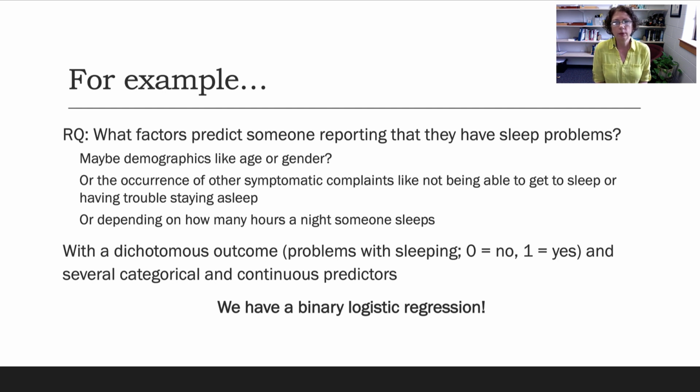And when we have this dichotomous outcome of reporting sleeping problems, 0 being no and 1 being yes, and all of these categorical and continuous predictors, we have exactly what we need for a binary logistic regression.